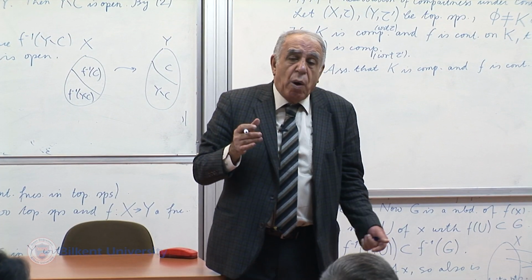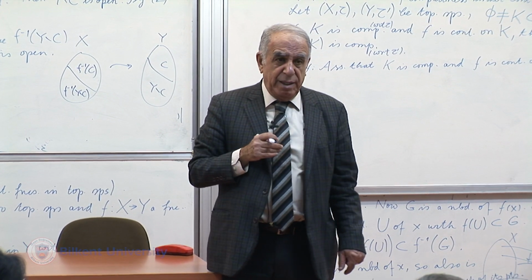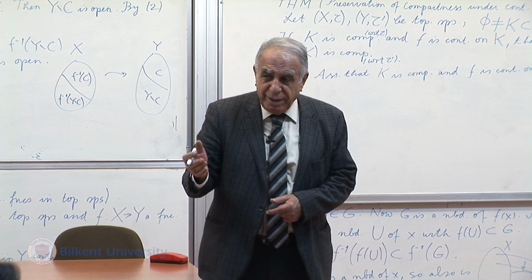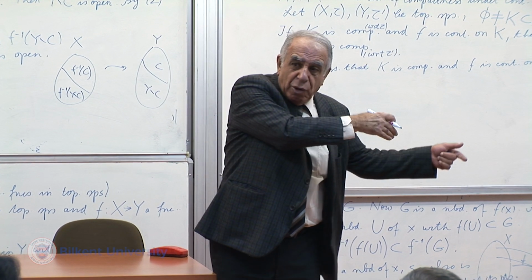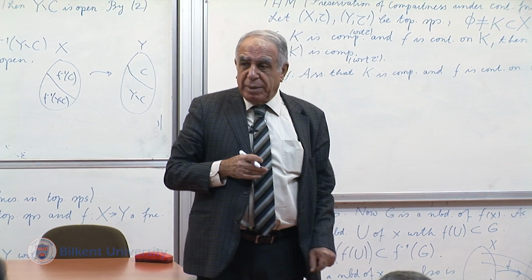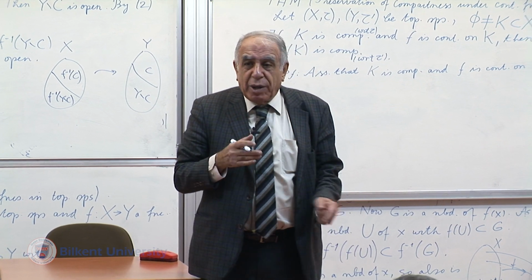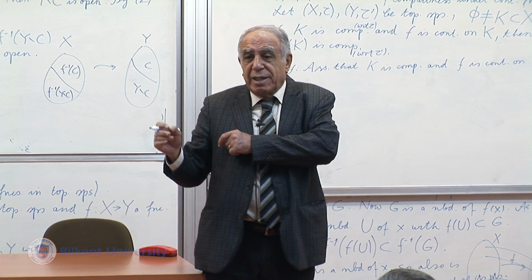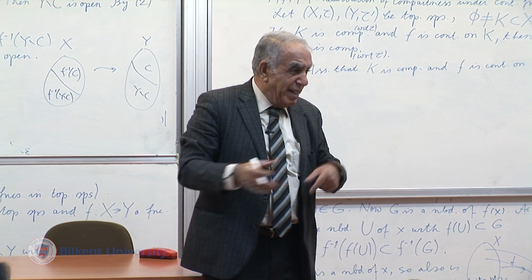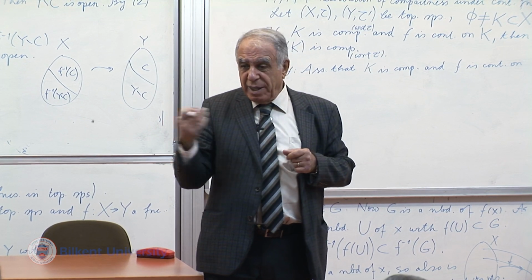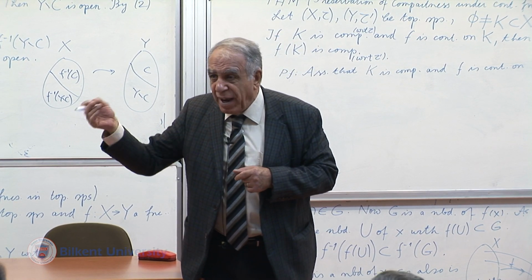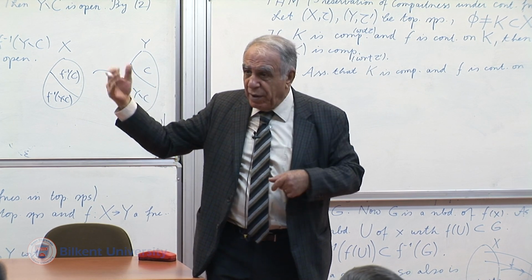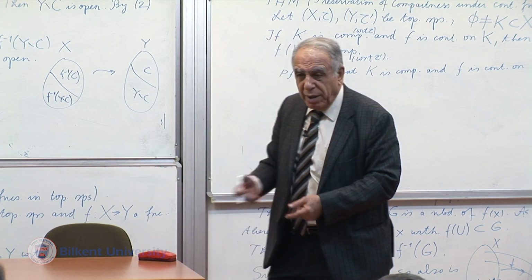If we start with an open covering of that set, then the inverse images of the open sets in that collection will be open in the domain K, and we expect them to cover K, in which case that will lead to the existence of a finite subcovering for K. Then we can possibly produce a finite subcovering of the original open covering of f of K, and that will work very smoothly.